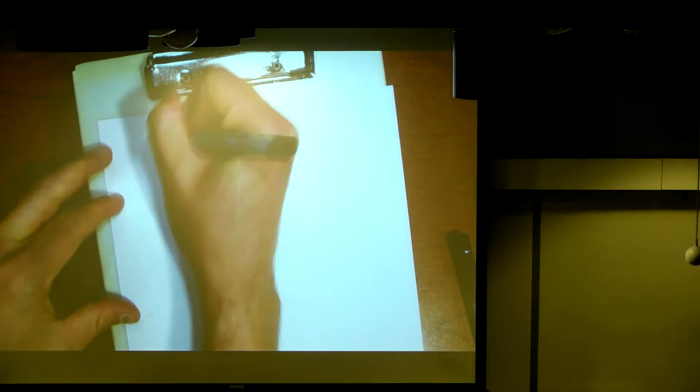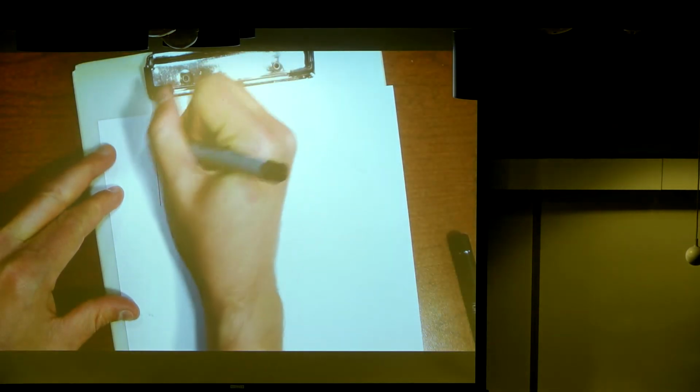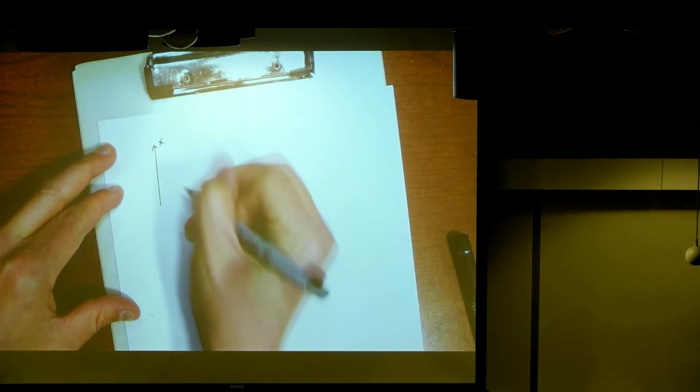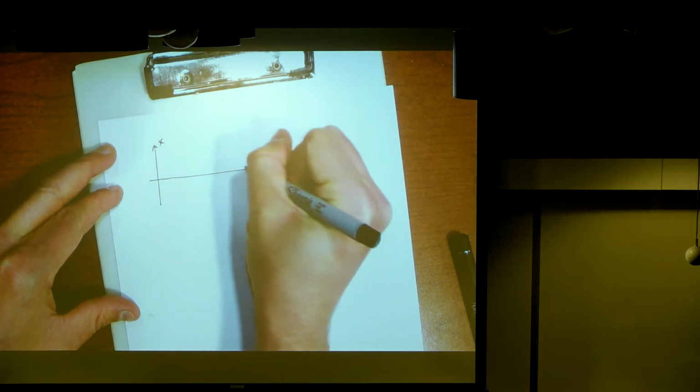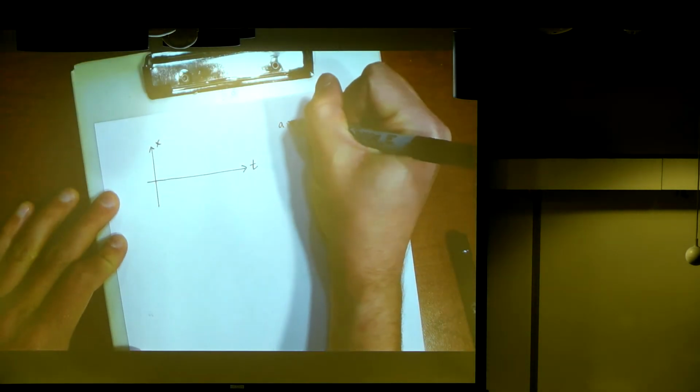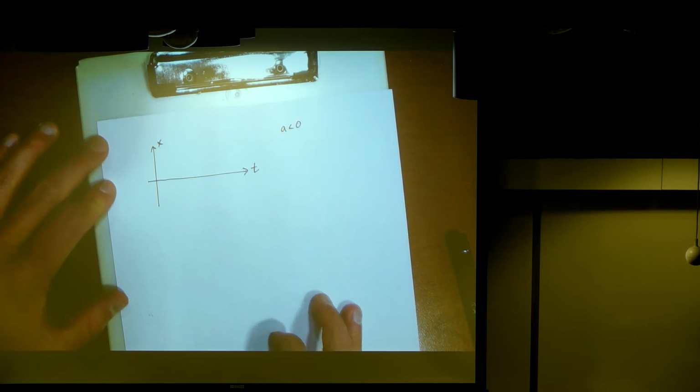So here, I'm going to draw a position versus time graph. X versus t like that. And we want to say that the acceleration is negative. A is less than 0. So what does this graph look like, generally speaking, if I have acceleration and it's negative?